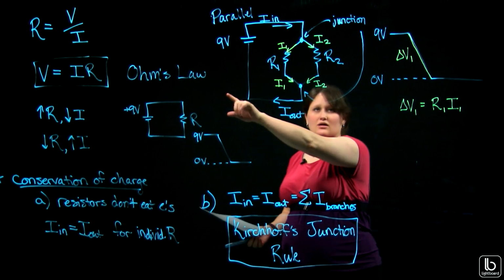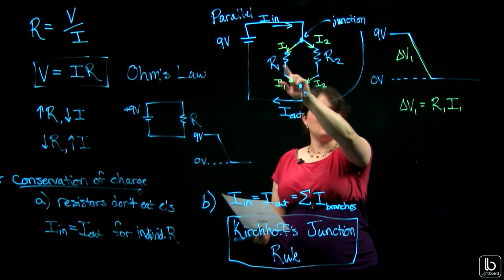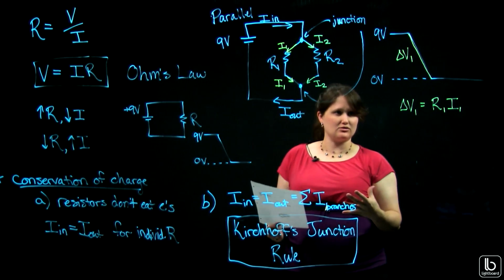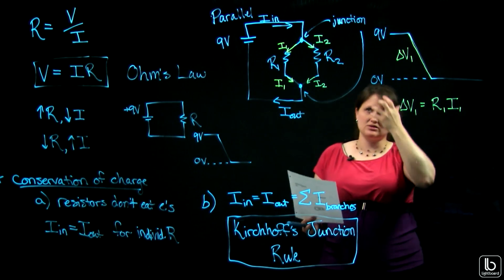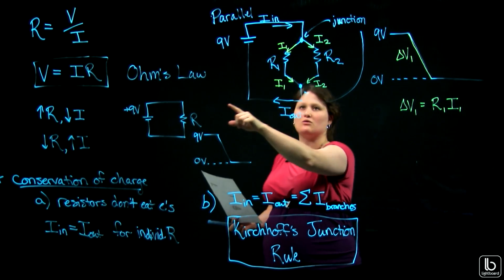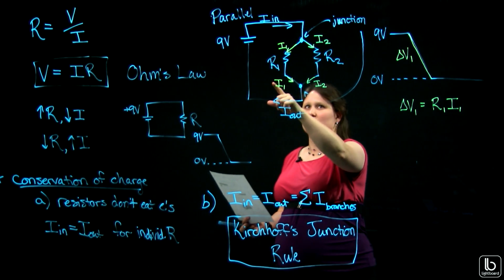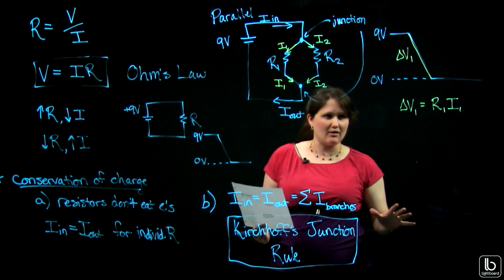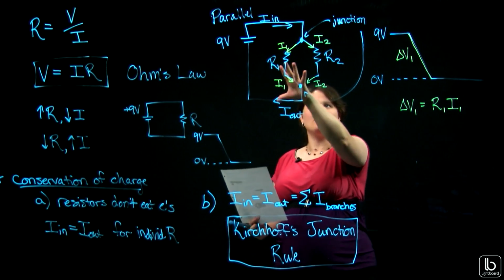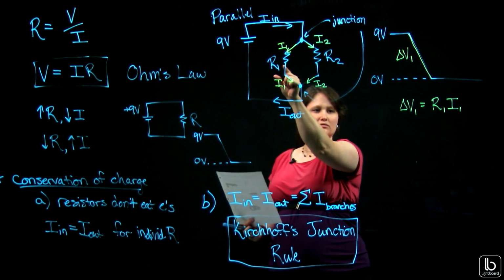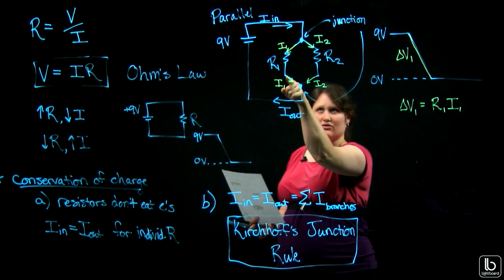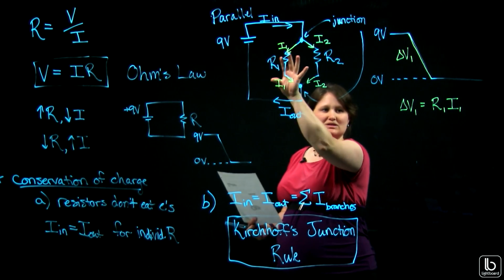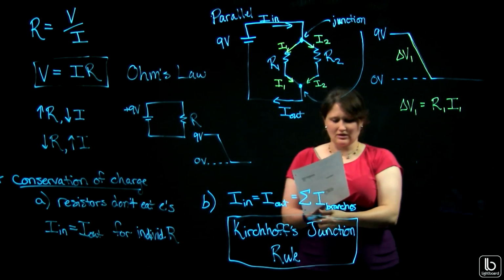Because Ohm's law applies to individual resistors, individual components. So when I'm dealing with Ohm's law, I can't use I1 and R2. That's not how it works. I have to talk about the voltage drop across R1 is equal to the current flowing through that resistor multiplied by that specific resistance. Okay, just so we're clear.